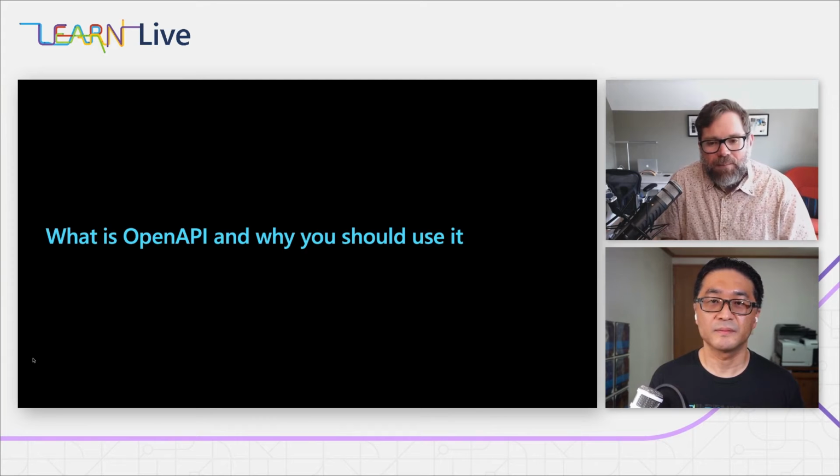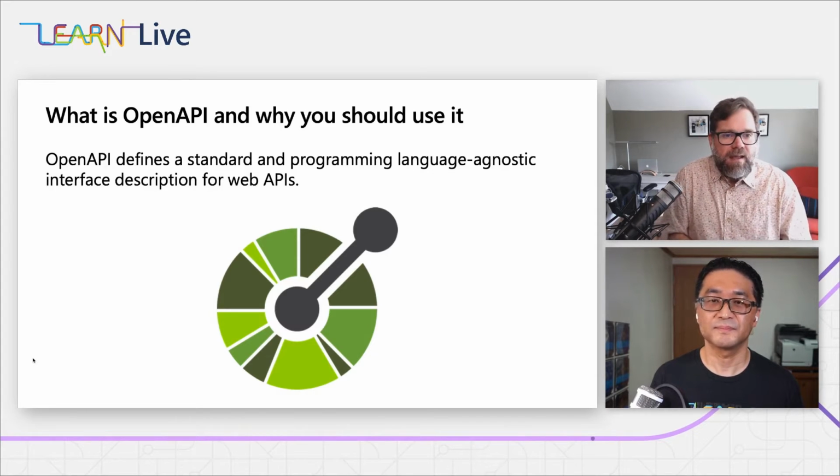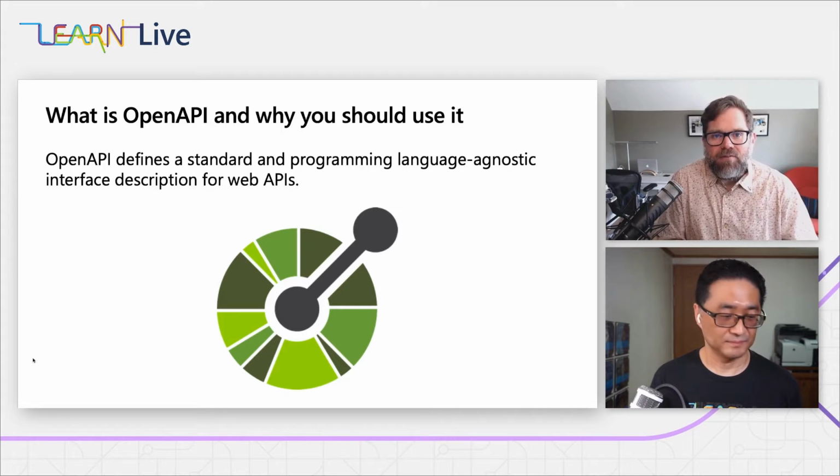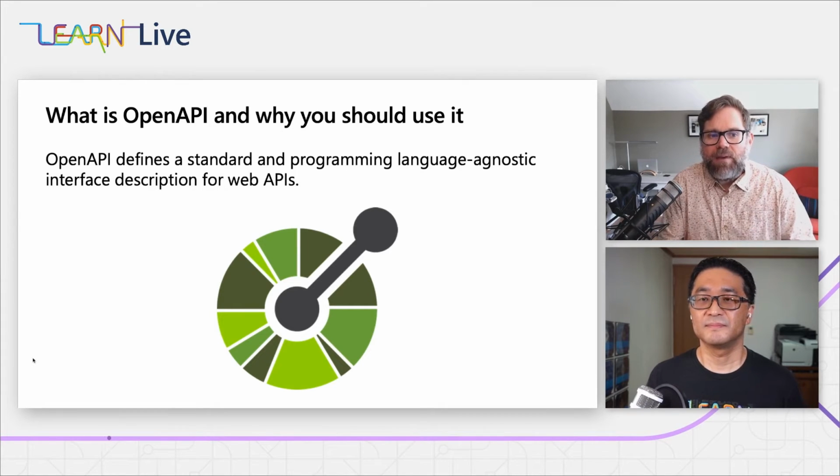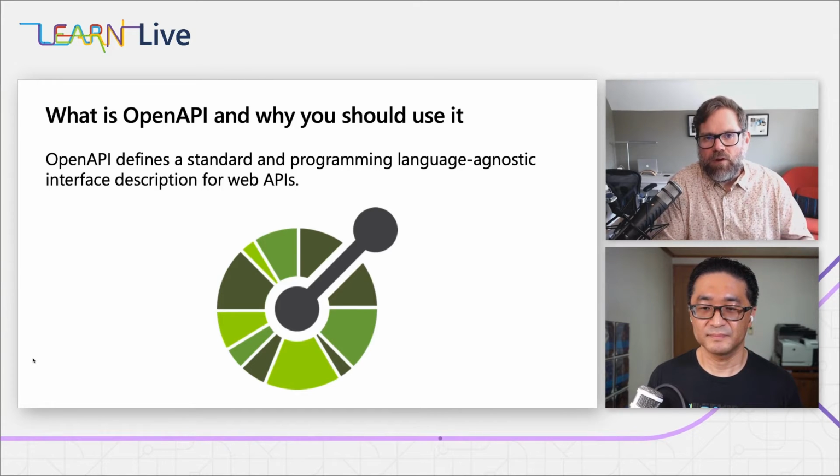So next up, we're going to talk a little bit about OpenAPI and why you might want to use it. So what is OpenAPI? OpenAPI itself is a standard of describing a web API. And what's neat about it is that it's both readable by humans and also by machines.